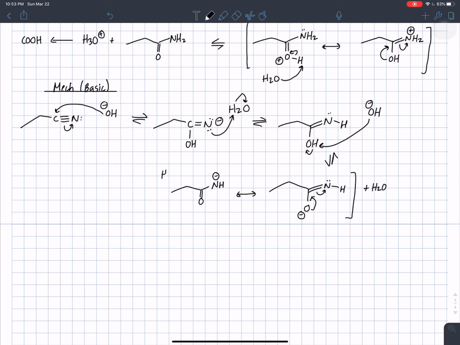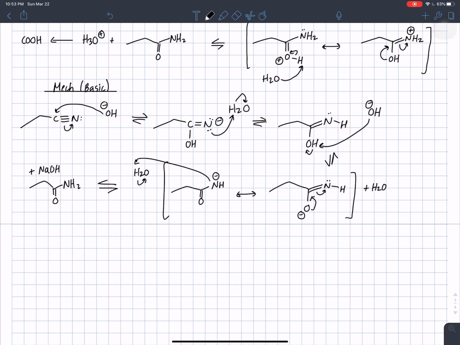And the very last step is going to be to protonate using the water we just made. So this nitrogen can pick up the H from the water, and we get our amide. Plus NaOH.